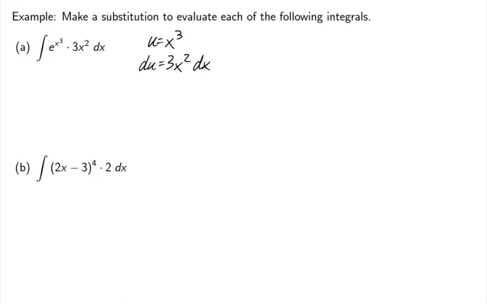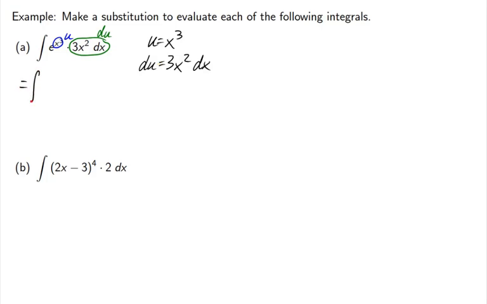Anyway, let's carefully mark what happens here. The x cubed is your u, and the 3x squared dx is your du. And it's very important that every time you make a substitution you use both the u and the du equation. If you do not use both, you will not have a proper substitution. Again, make sure that you use both.